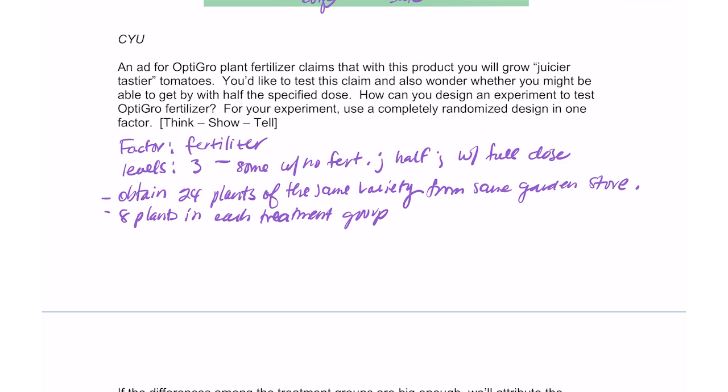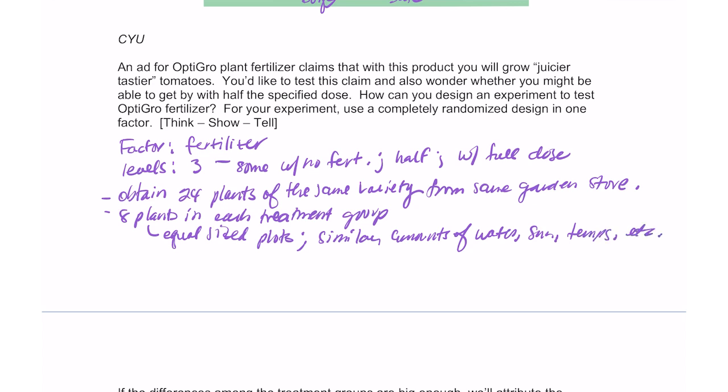So 8 plants in each treatment group, and we could say something like equal sized plots, similar amounts of water, sun, temps, etc.